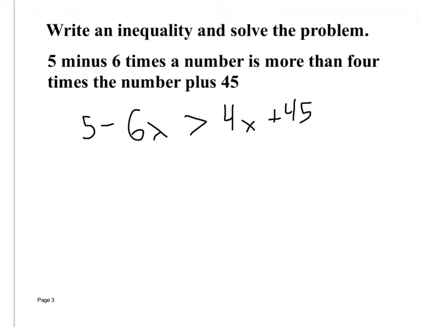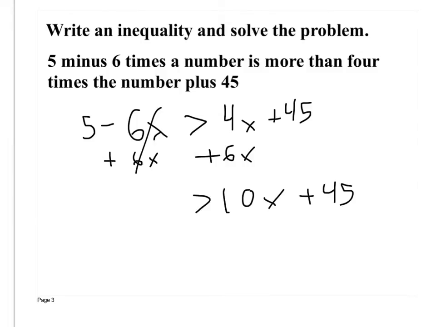Now that we have it written down, we have to solve the problem. So I have to get x by itself. I want to move the smaller one, okay, which was smaller, 4 or -6? -6, so we're going to add 6x to both sides. Gives me 10x plus 45 on this side. 5 on this side.